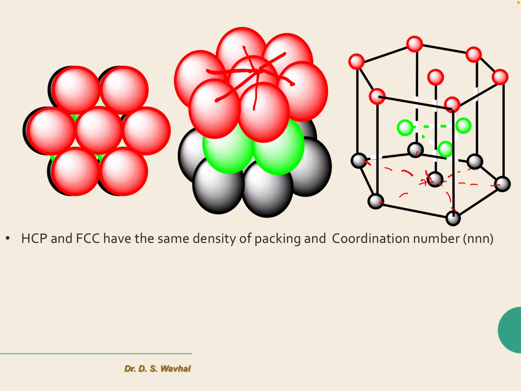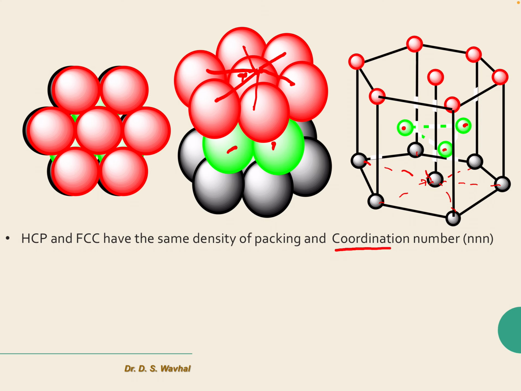So in the same plane, there are six nearest neighbors. Above the plane, these are also in contact with this atom. So below the plane, there are three, and above the plane, there are three. So six in its own plane, three atoms in the upper plane, and three atoms in the lower plane.